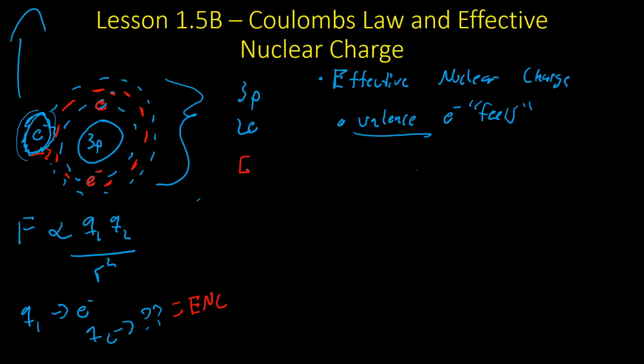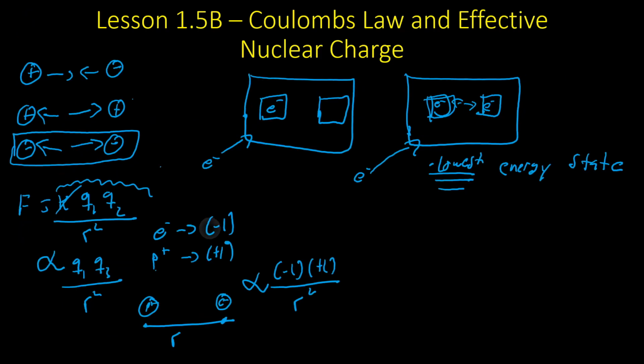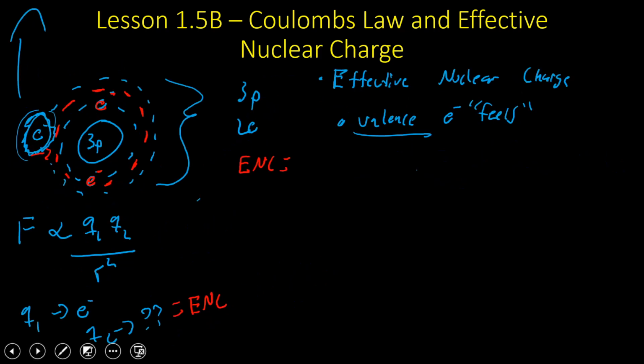So how do you calculate this? Well, my electron feels a pull towards the center from 3 protons. So that is a value of +3. At the same time, there are 2 shielding electrons involved. So I will have a -2 attached here. This ends up being a net force of +1.